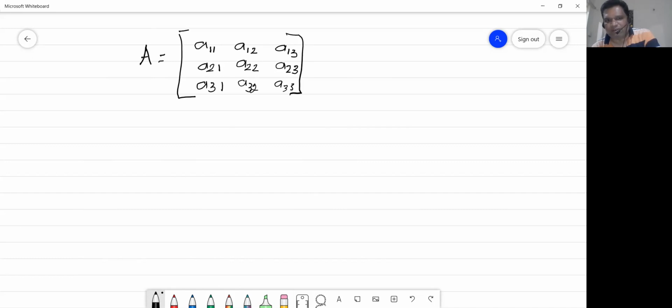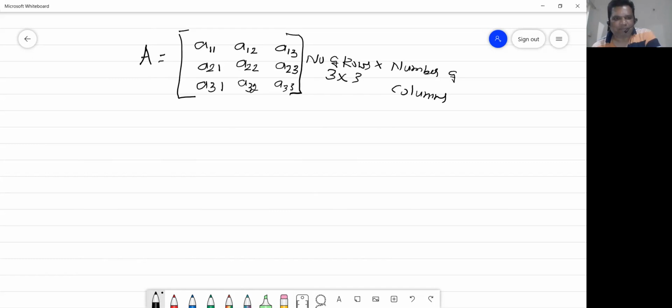So the order of the matrix is equal to number of rows into number of columns, which is 3 by 3. So this is a square matrix because number of rows is equal to number of columns.